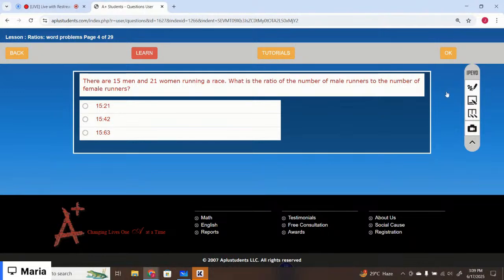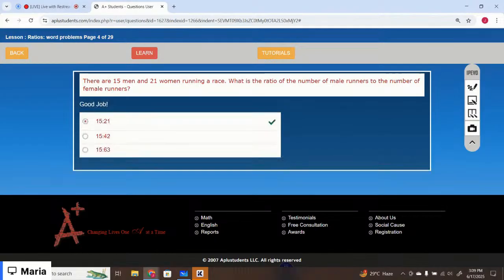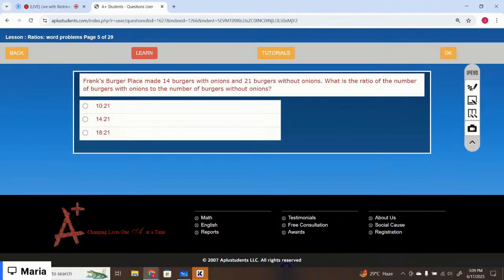That is 15 ratio 21. Option number 1 is the correct option.